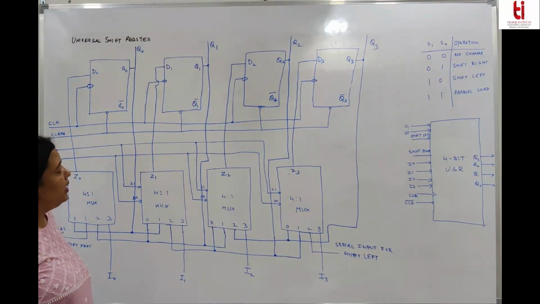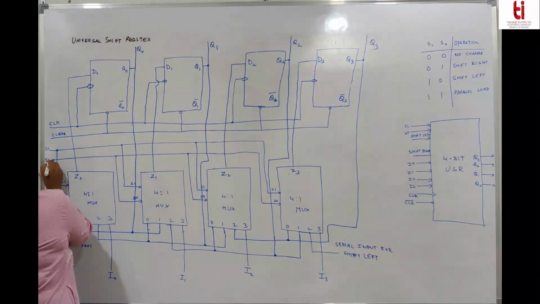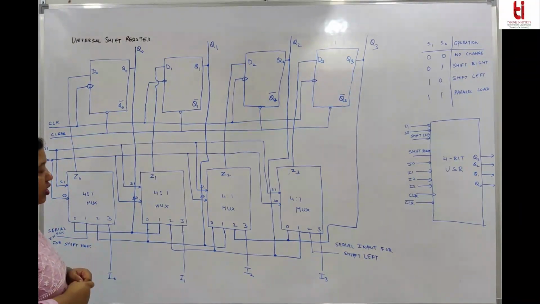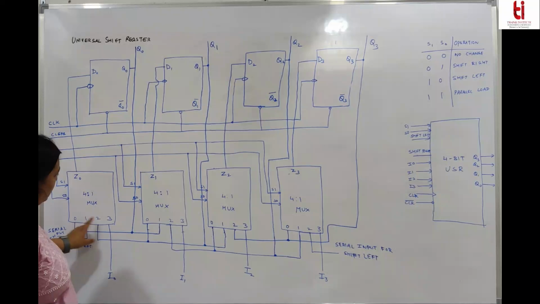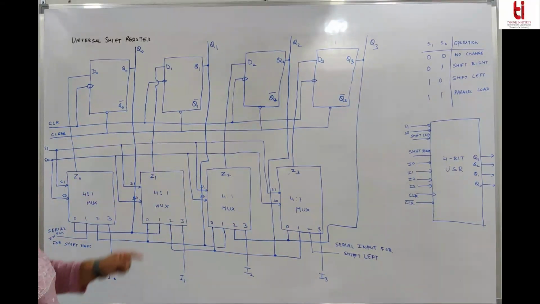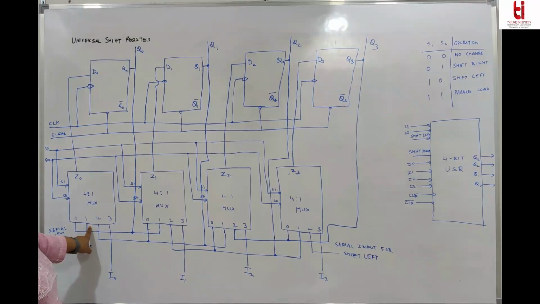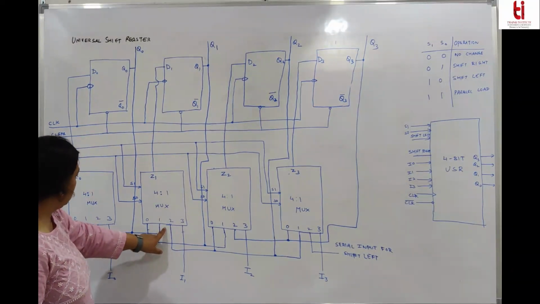Then we select the line 0, 1. S1 and S0 is 0, 1. If you select 0, 1, then this input will be selected from each. That means it should perform the shift right operation. This output is something, any 1 or 0. What is this?